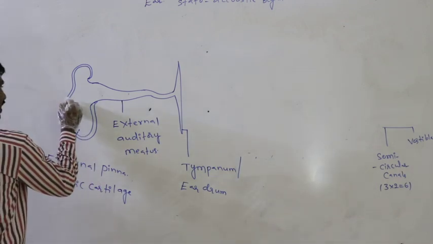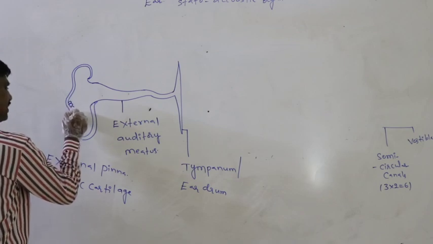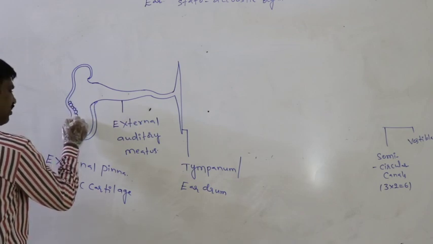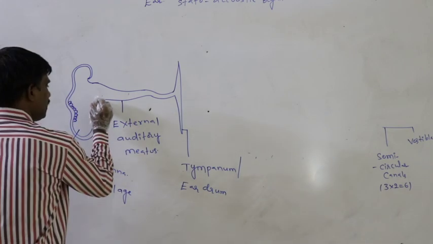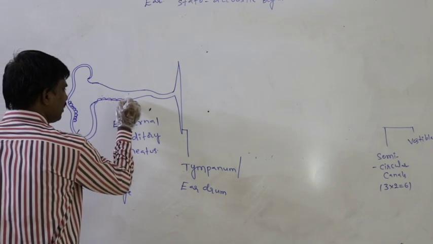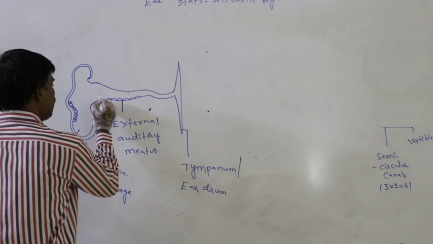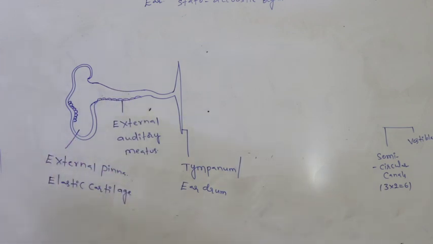In the case of the external pinna as well as the external auditory meatus, specialized glands are present for secretion of the cerumen.